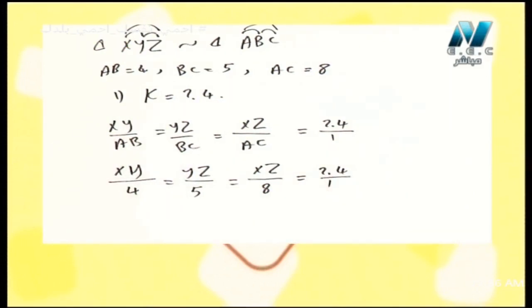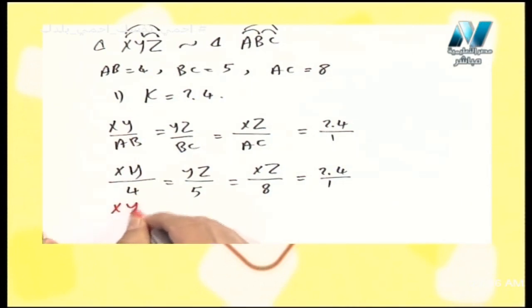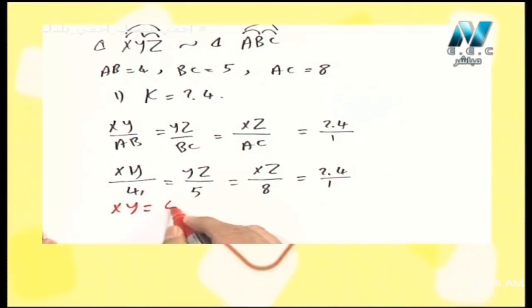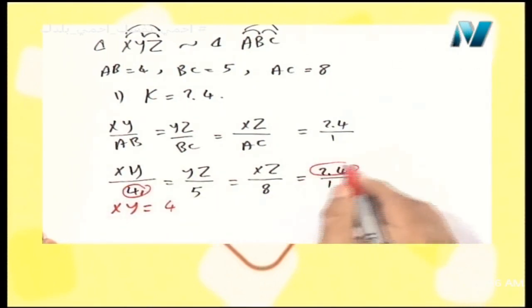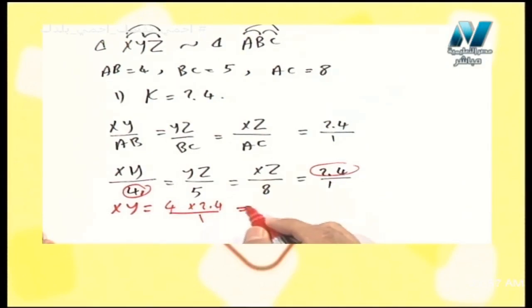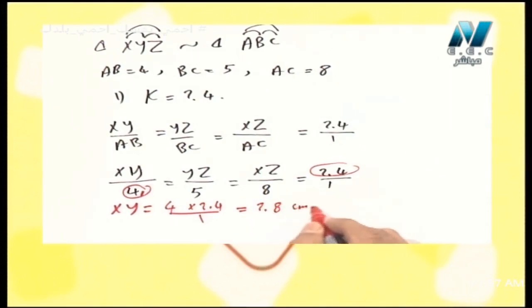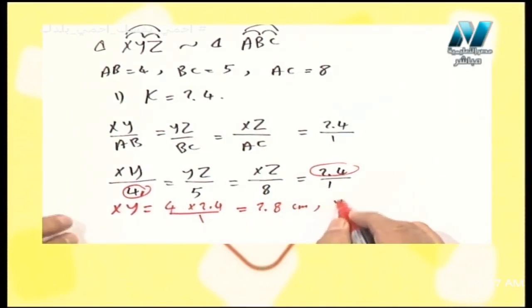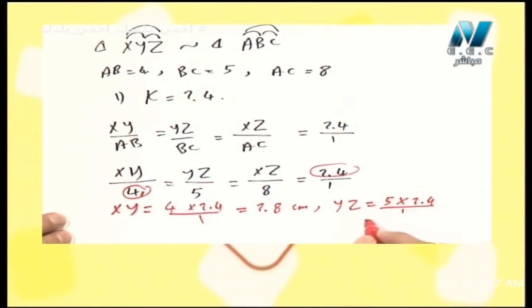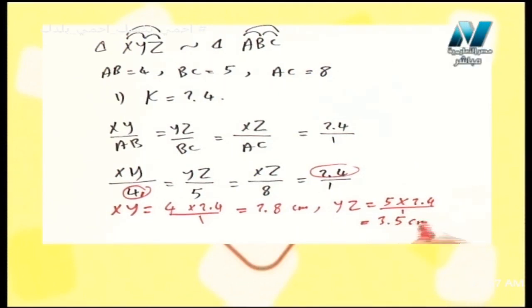We can use cross multiplication to find XY. XY here is 4 times 2.4 over 1, so XY will be 2.8 centimeters, and YZ equals 5 times 2.4 over 1, which equals 3.5 centimeters.